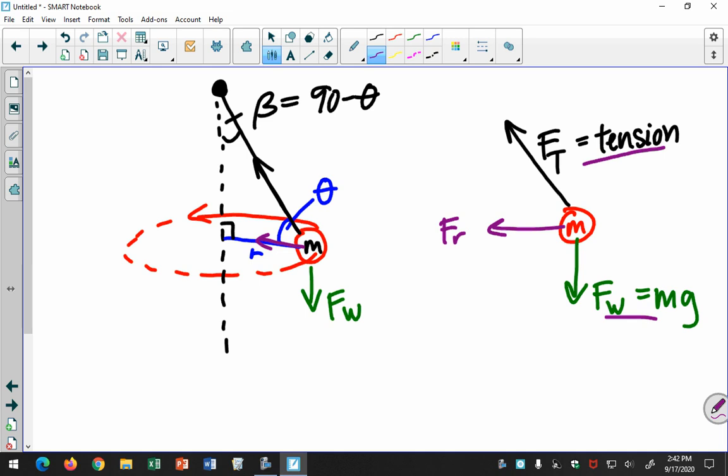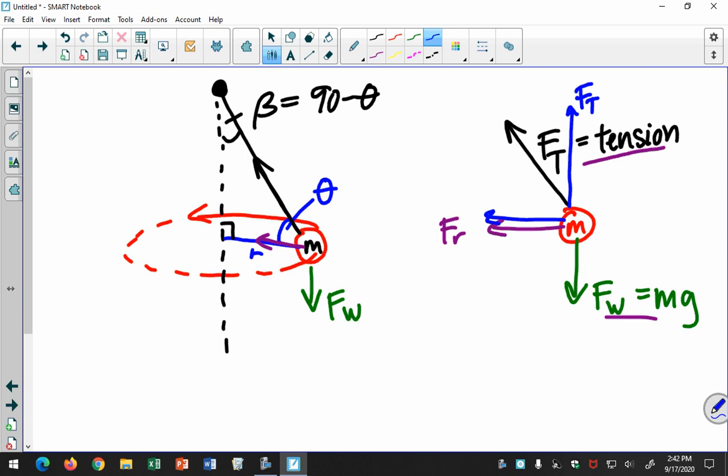And remember our vector lessons, right? So when we're looking at this tension, it's got two components, and I don't have enough colors for all this. A tension vector has two components, one this way and one this way. This is the force of tension in the y direction.